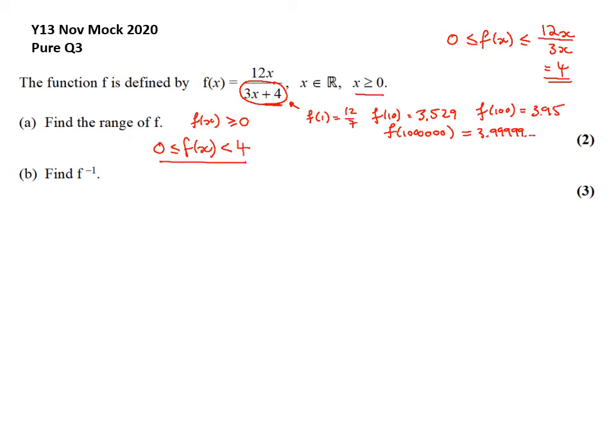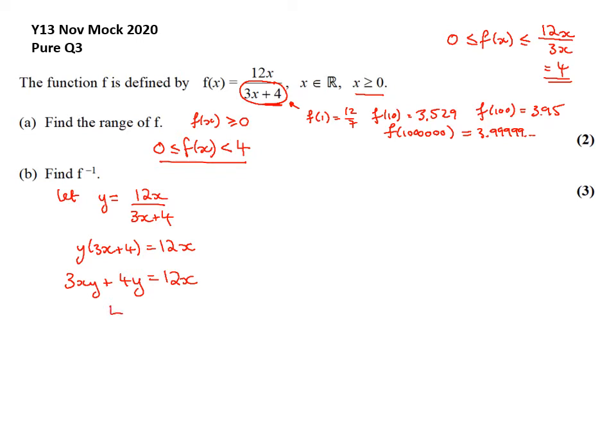Okay, then we find the inverse function. So to do this, we let y equal our function, 12x over 3x plus 4, and then we have to rearrange this to make x the subject. So if we multiply up by the 3x plus 4, then expand that bracket, 3xy plus 4y equals 12x. I then want to take all of the terms in x over to one side.